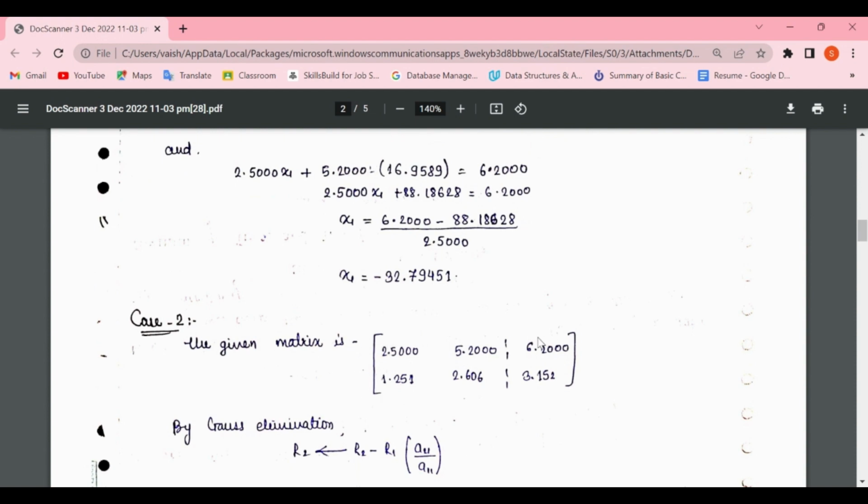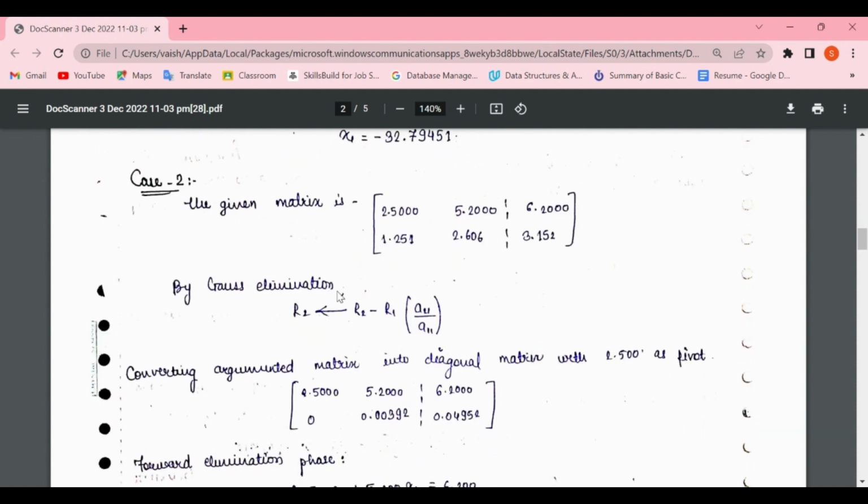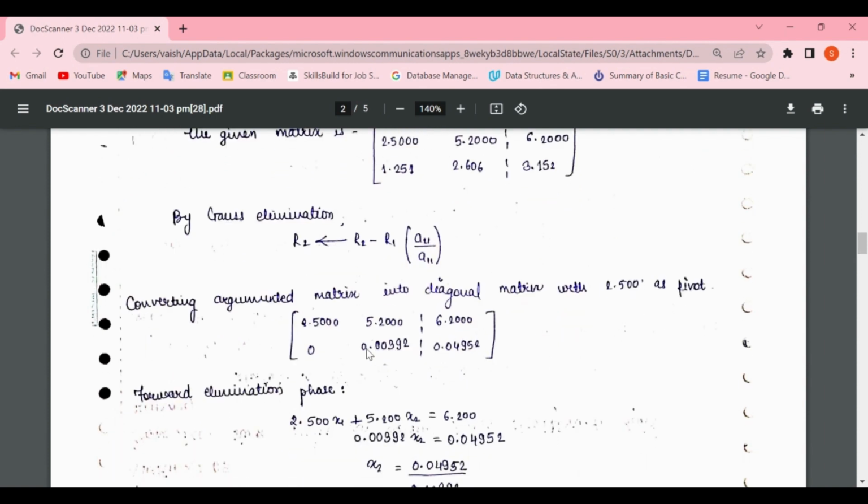Here we have this matrix. By Gauss elimination, we are going to perform operations on the second row: R2 minus R1 into A21 upon A11, converting the matrix into an upper triangular matrix with 2.5 as pivot.